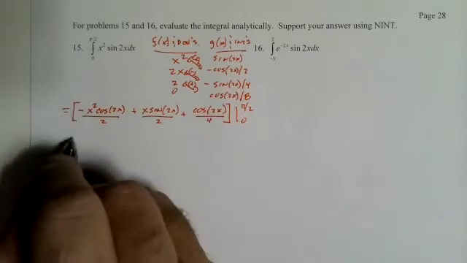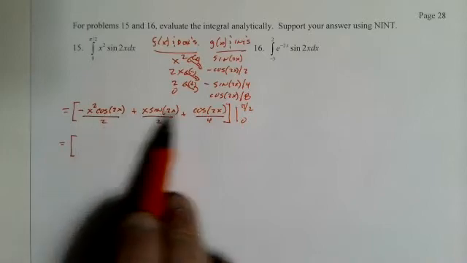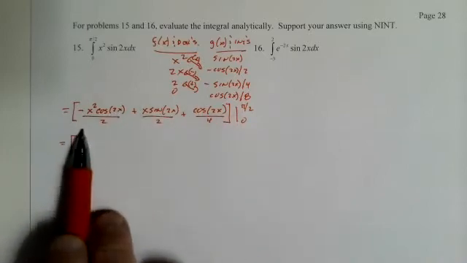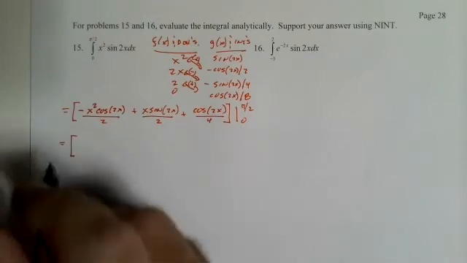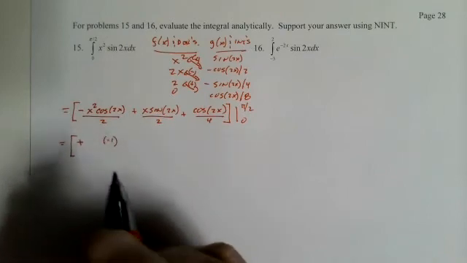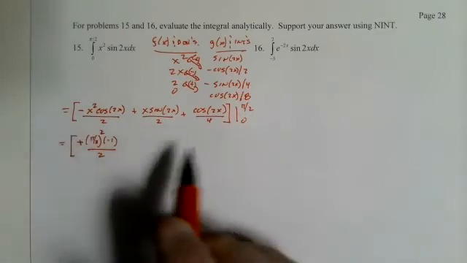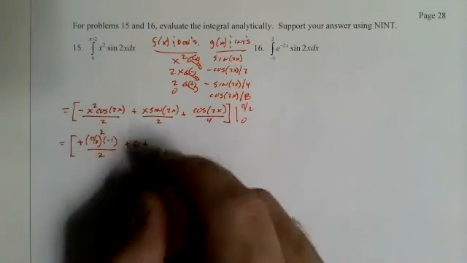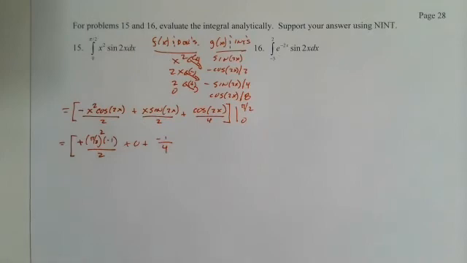Equals. Now, I normally write all this out, but I got to start shortcutting things. Cosine of 2 times pi over 2 is cosine of pi. That's -1. So pi over 2 squared over 2. Sine of pi is 0, plus 0, plus -1 over 4.